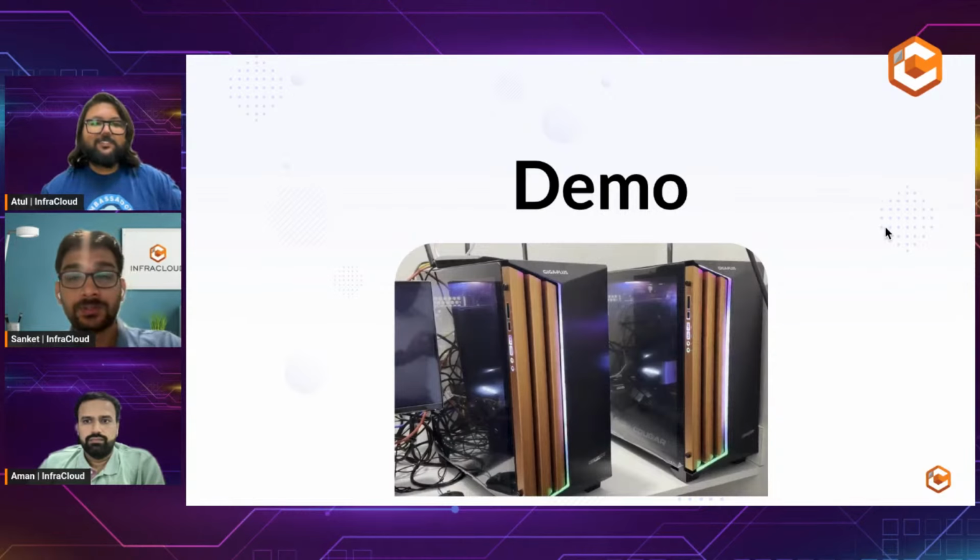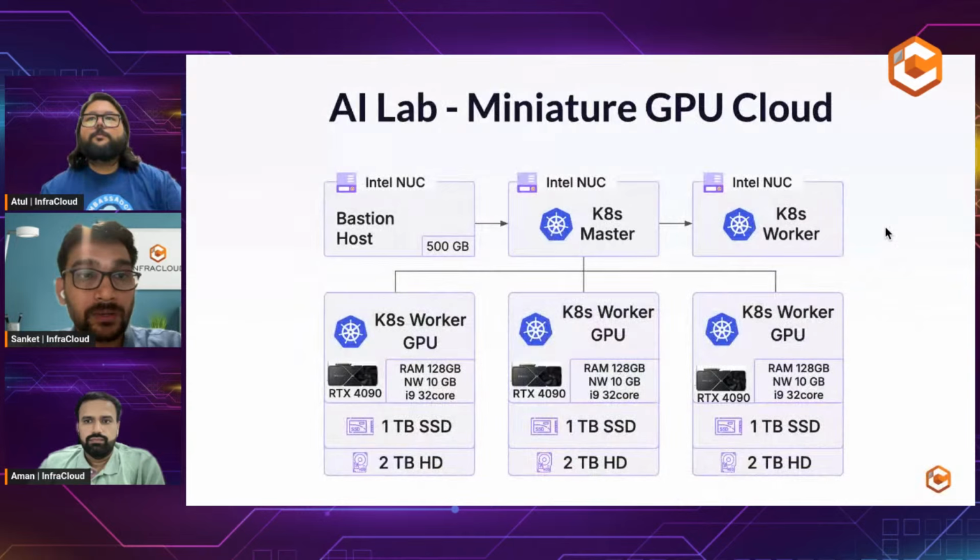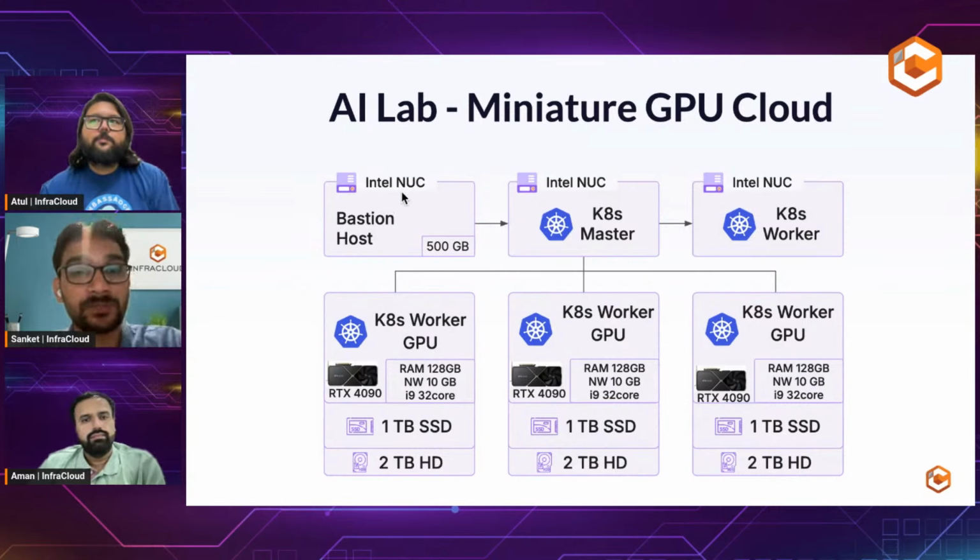So we can do a quick walkthrough. I think we introduced our lab in the last webinars. Essentially, right now we have, let's say, 3 machines with GPUs, RTX 4090 cards. This is more like a miniature lab that we have built out, and if you're interested in knowing more details about the lab, definitely go through our previous webinars.